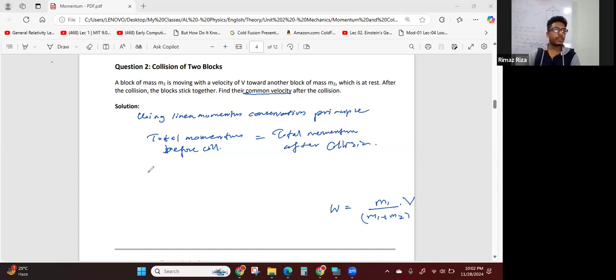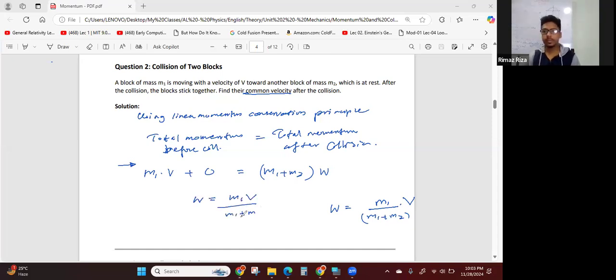So here mass m1 moves with velocity v, the other one is at rest. Here you have to consider direction, and then they will stick together and move with mass m1 plus m2 times common velocity w. Therefore, w equals m1v over m1 plus m2.